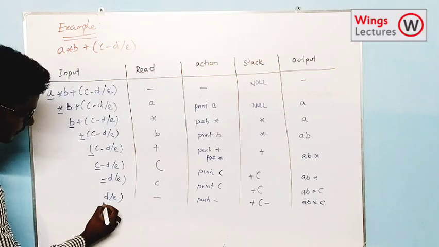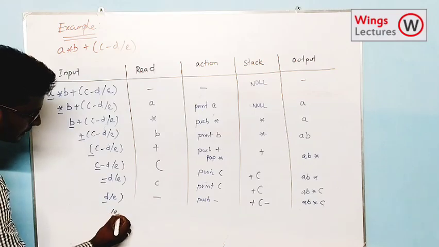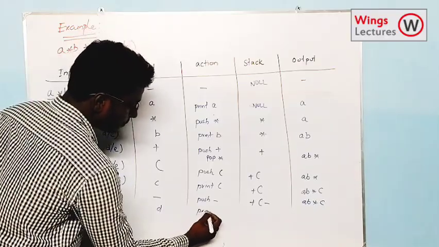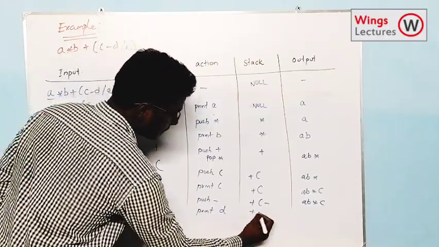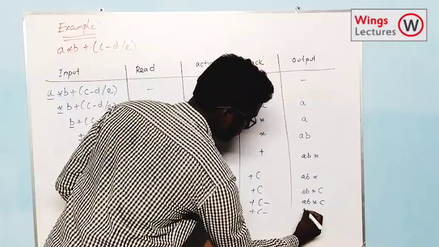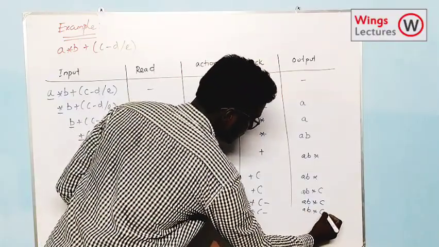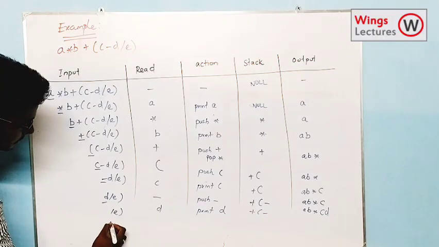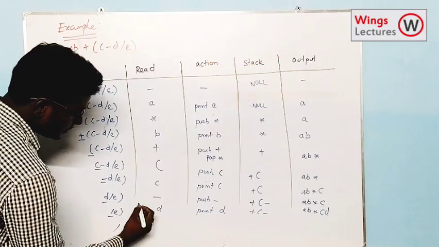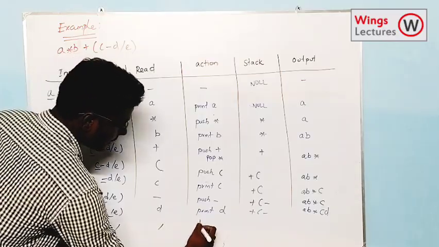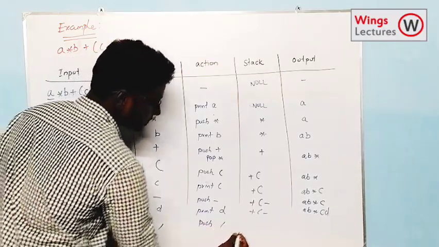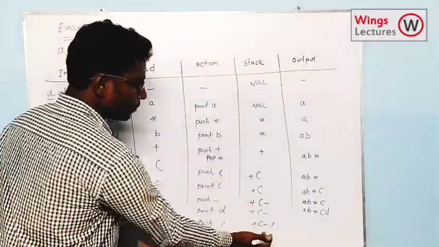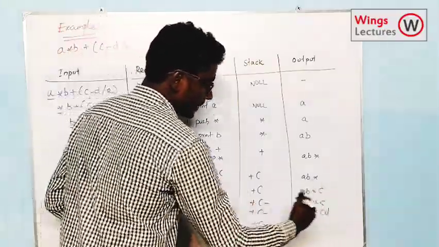Then what is the next one? The next character is D. D is an operand, so print D. The stack remains the same, A, B star, C, D. Then the next one will be slash, and push slash, because I'm still in the open bracket, so I can add it next to minus.